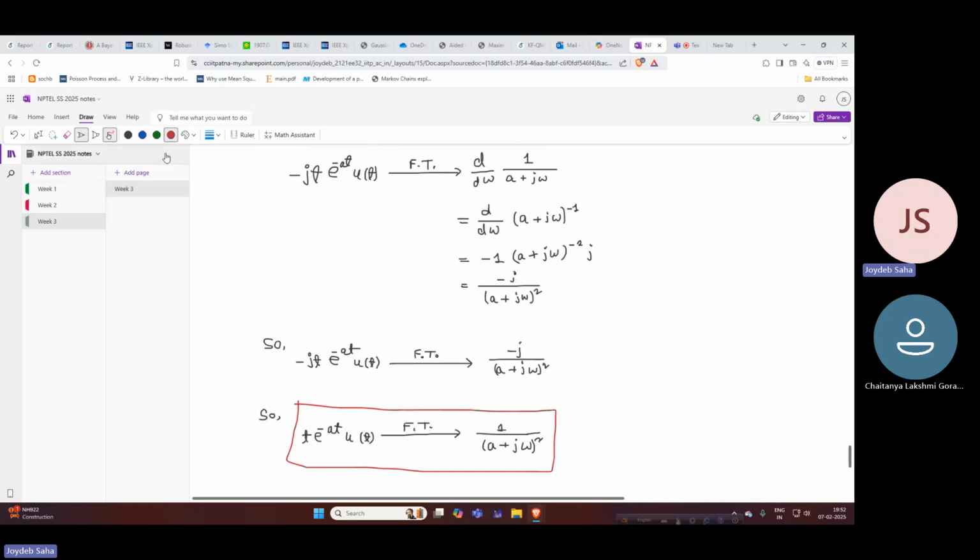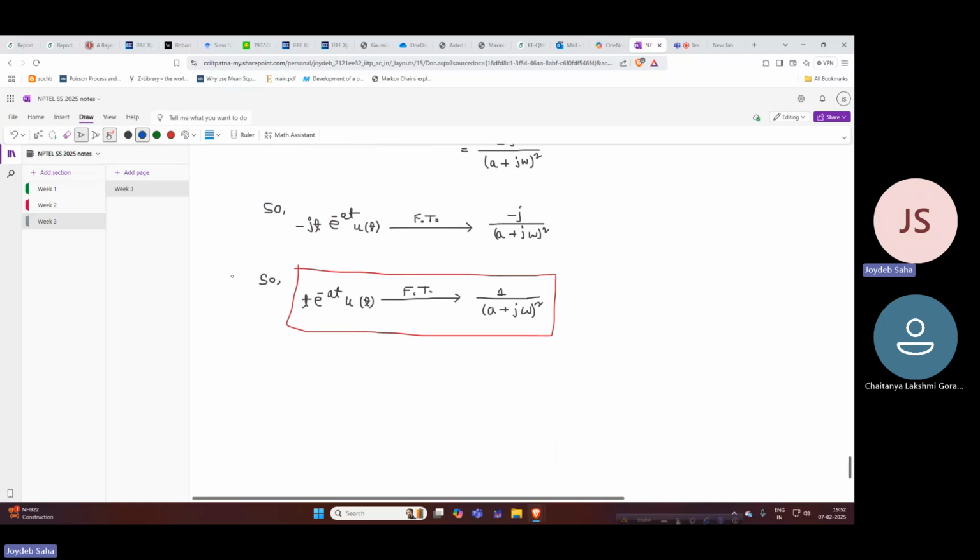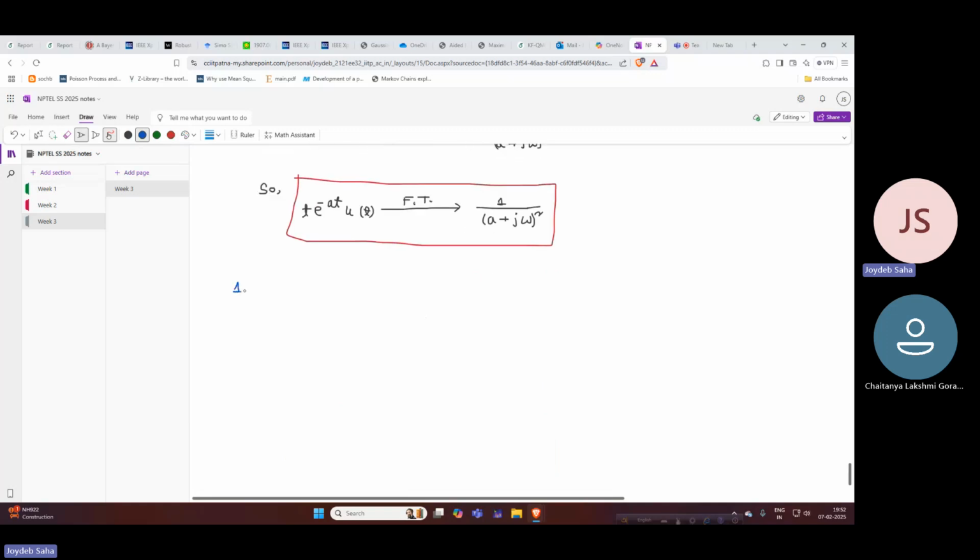Okay, let us move to the next question. Question number 12. Probably this is the last question of today's session. Let us solve quickly, otherwise we will not get enough time.